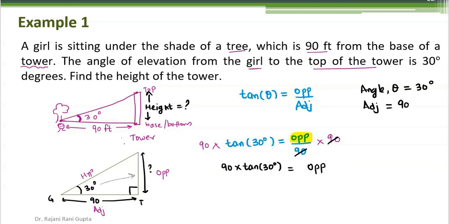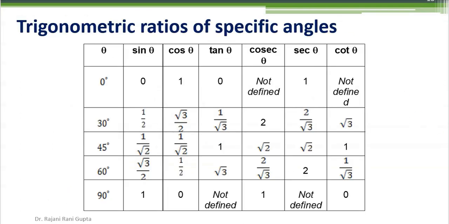Tan of 30 degrees, this value you need to find from the trigonometric table. If you look at this table, you have the angles here and the sine, cosine, tan, cosecant, secant, cot measurements here. What we require is tan of 30. First we look at the angle here.